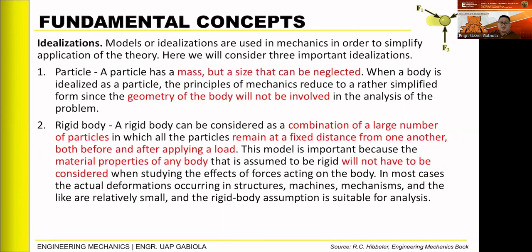A rigid body can be considered as a combination of a large number of particles in which all the particles remain at a fixed distance from one another, both before and after applying a load. This model is important because the material properties of any body that is assumed to be rigid will not have to be considered when studying the effects of forces acting on a body.